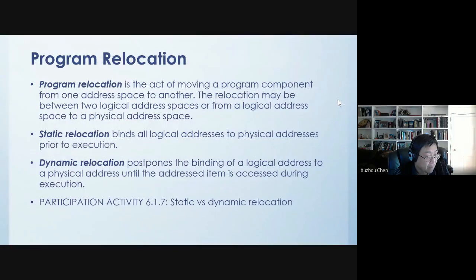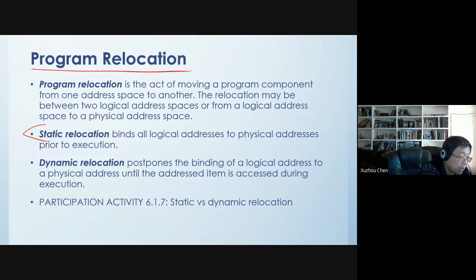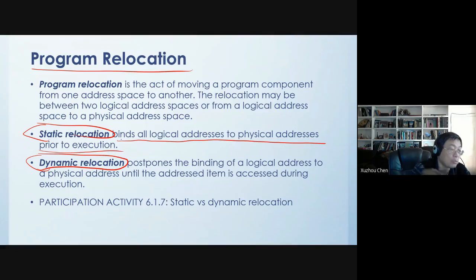Now, during the loading, the relocation, the program is going to be relocated to a different part of the memory address. There are a couple of different types of relocation. One is called static relocation. The other one is called dynamic relocation. Static relocation binds all the logical addresses to the physical addresses prior to execution.